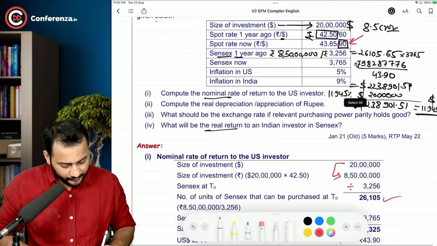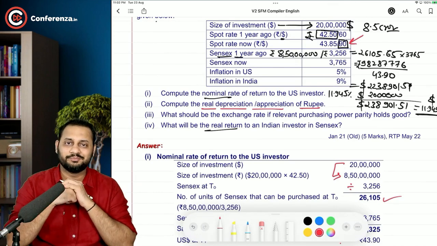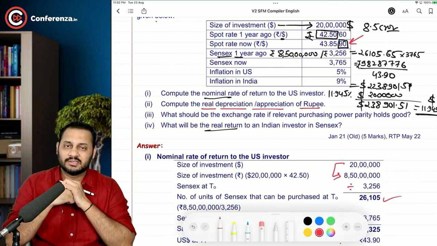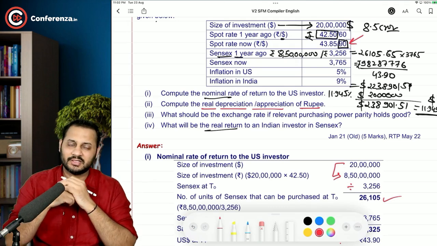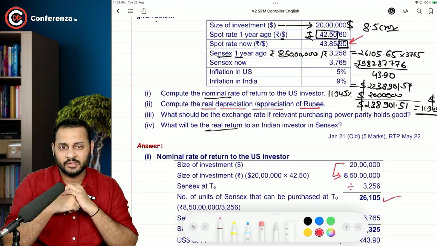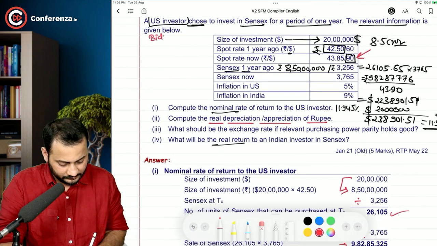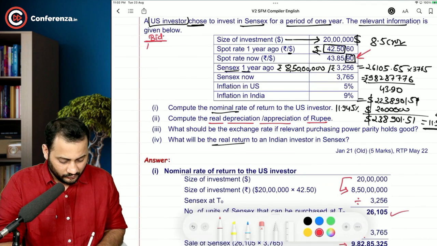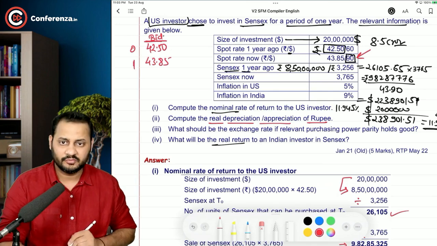Cool. Compute the real depreciation or appreciation of rupee. Now, this is something from the International Financial Management chapter, but I think you will be able to understand, so it's very easy. See, consider the bid rate: 42.50 at 0th time and 43.85 at the end of the first year.